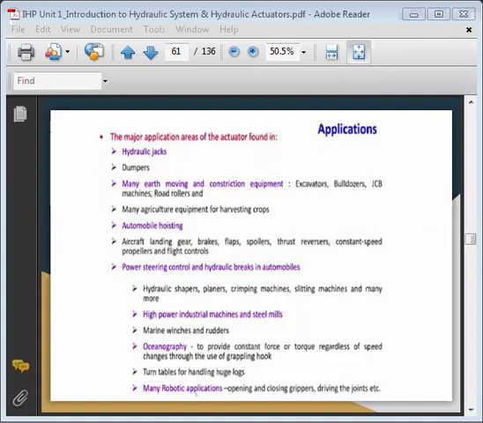Now, up till now in today's lecture we have seen the basics about the actuator. Now we are familiar with the actuator. We come to know that the actuator is one of the important elements in the hydraulic power system, where hydraulic energy is converted into mechanical energy, and that mechanical energy is used to perform some useful work.